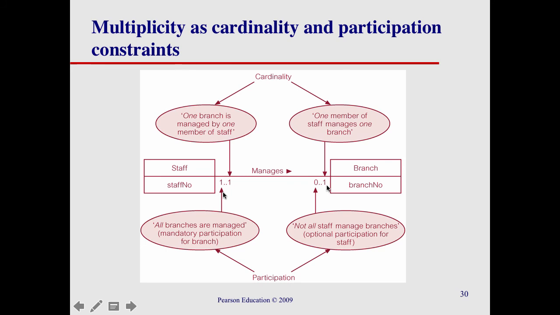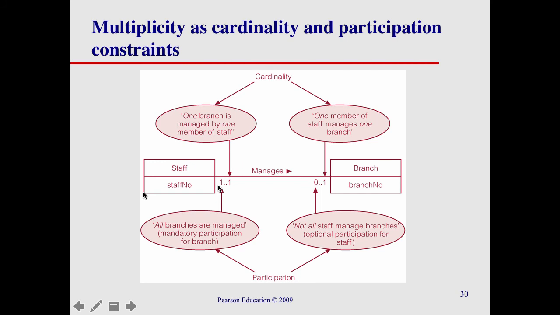The dot dot being the, why they don't just say 0 to 1, dash 1, I don't know, but it's dot dot. Then the other way, so it's in both directions. With the staff, a staff member may have a minimum of one person managing a branch.